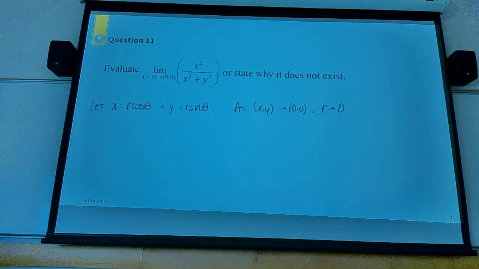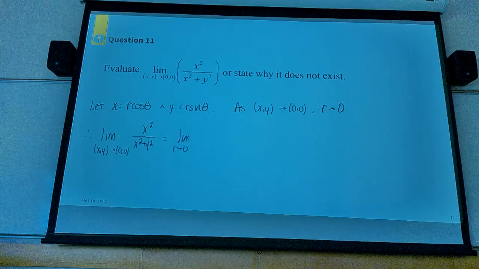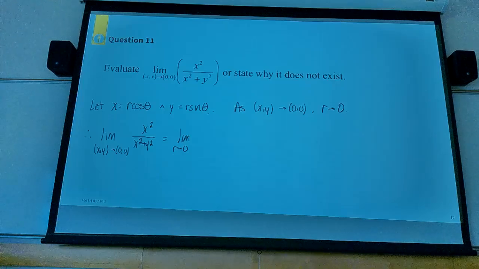If (x, y) is approaching the origin, that means that your r is shrinking down to 0. This will become the limit as r approaches 0.